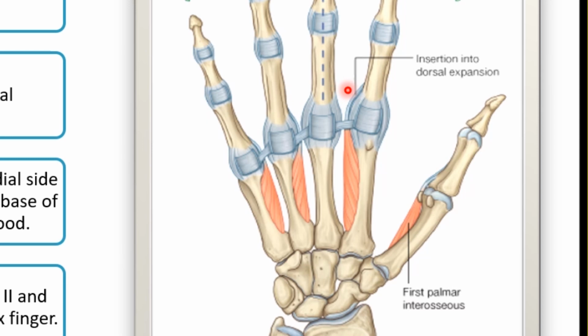Here we have the third and fourth palmar interossei that originate from the lateral sides. We can see the origin from the lateral sides of metacarpals 4 and 5, and they insert into the lateral aspect of the respective extensor expansions. That is what we're seeing here.